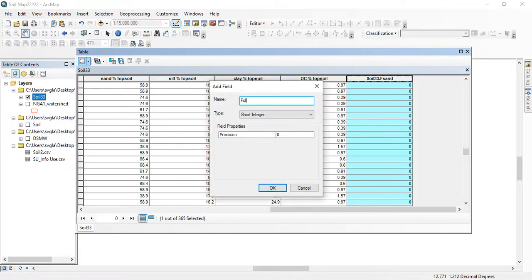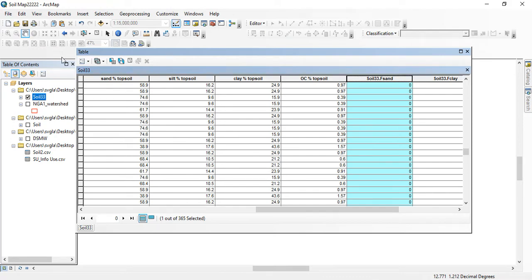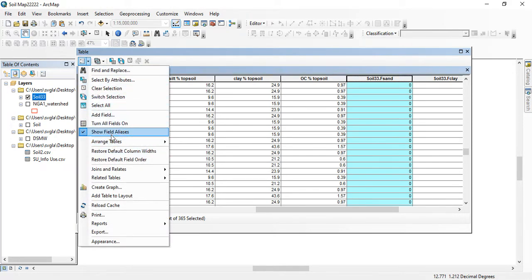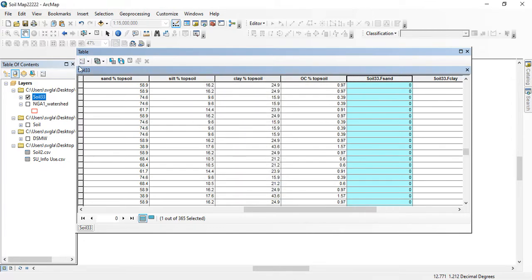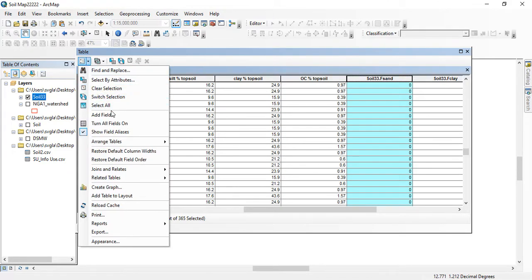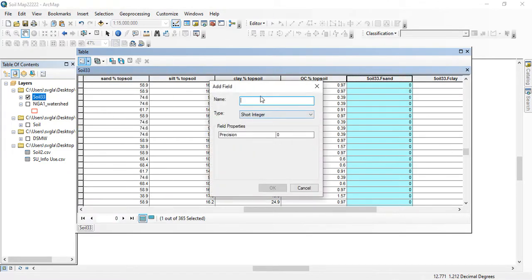We add another field, which is our F organic carbon, and the last field we are adding is the F silt.